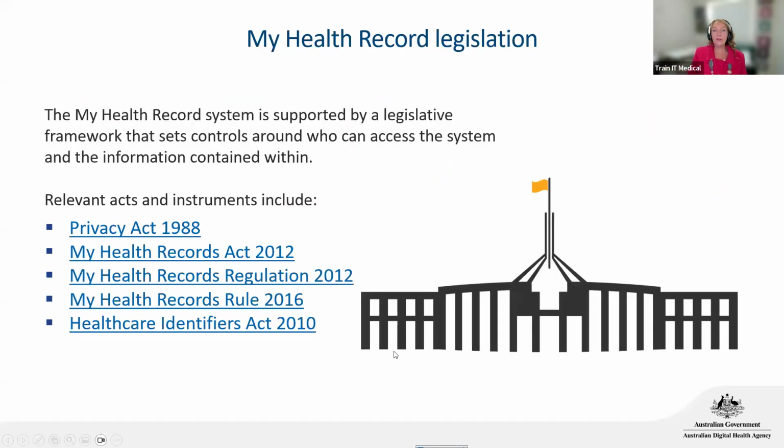Now, know that this whole thing was built with very strict legislation that controls who can access the system and the information contained within. So obviously it is people's most sensitive information. Even think about a discharge summary, like sensitive information. It's got to be so protected, and it is. And these are the relevant acts and instruments, regulations, rules, legislation that protect it.